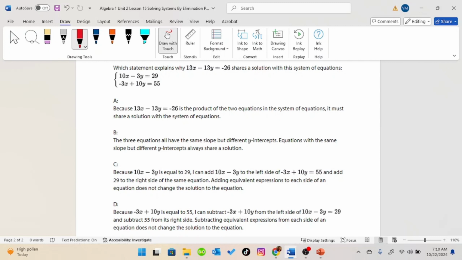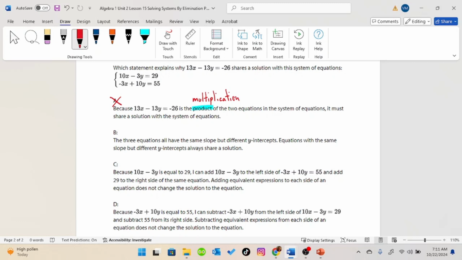The word product means multiplication. We did not multiply these two together, so A would not be correct. Choice B says the three equations all have the same slope but different y-intercepts.